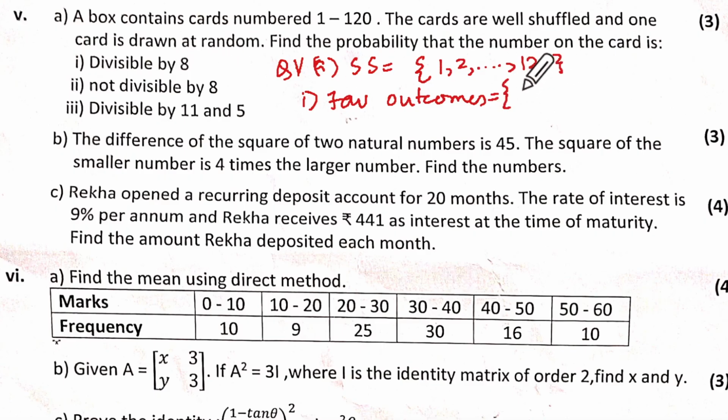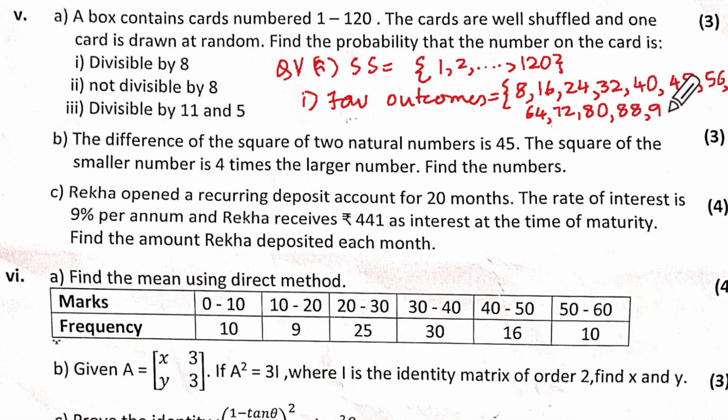Divisible by 8 means you'll have to write the multiples, correct or no? This is easy. There'll be 15 numbers, but you'll have to show, you want to get full marks, right?